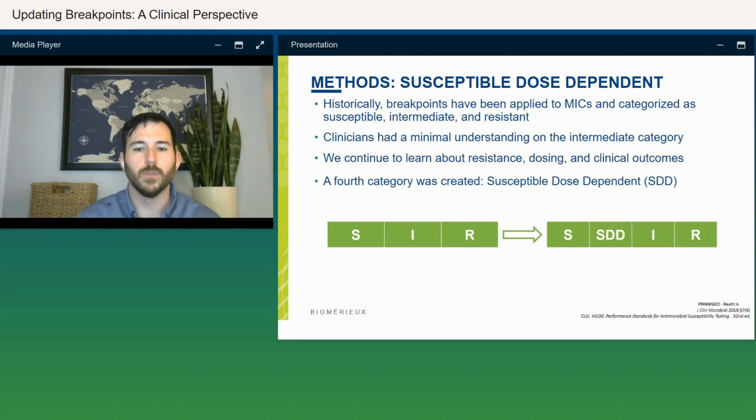So ultimately, that led to this fourth category being created, which is susceptible dose dependent. I would like to specifically note that this is only a category that's recognized by the CLSI. At this point in time, the FDA does not recognize this category.